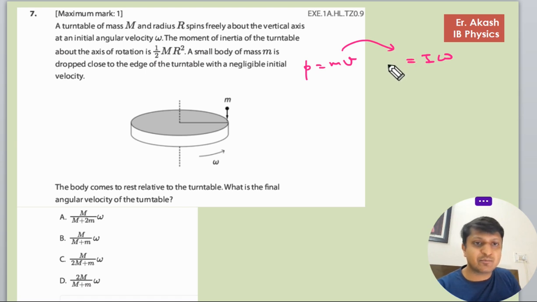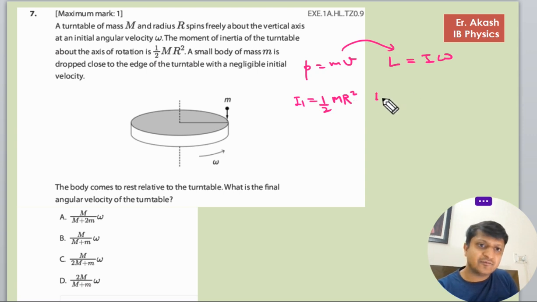So the angular momentum, that is L, will be equal to I omega, and the initial inertia and the final inertia we will calculate accordingly.